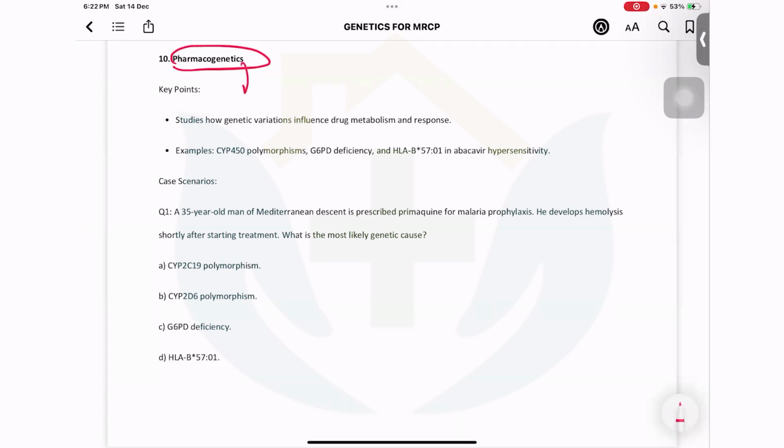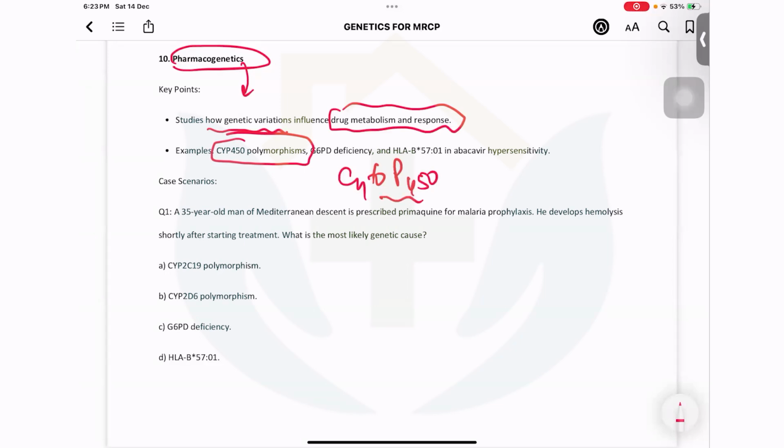So what is pharmacogenetics? It is the knowledge of how genetic variations influence drug metabolism and the response to them. For example, there are so many polymorphic forms of cytochrome P450. It is one of the most famous enzymes, and it has polymorphism, so it is an excellent example for pharmacogenetics.